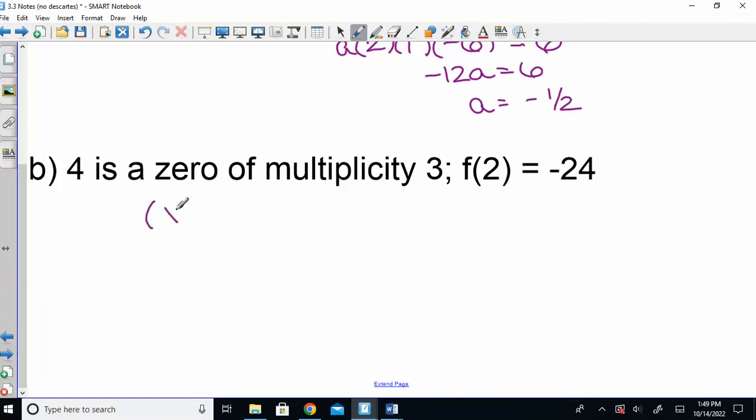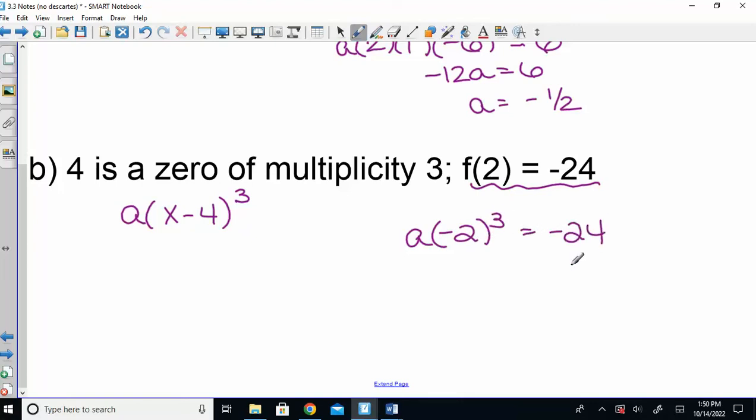4 is a 0 of multiplicity 3. What does that mean? And f(2) equals -24. So what do I need? There could be an a out in front. Let's figure out what a is. So if I plug in a 2 for my x, 2 minus 4 is -2 cubed.